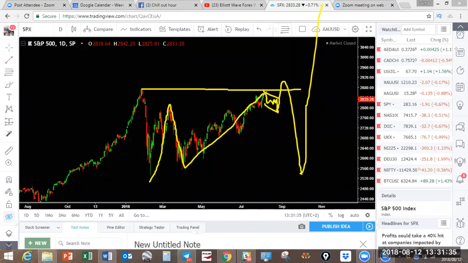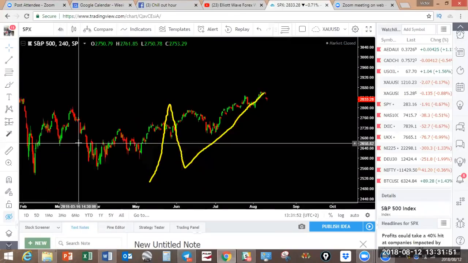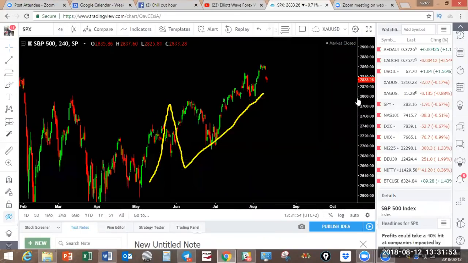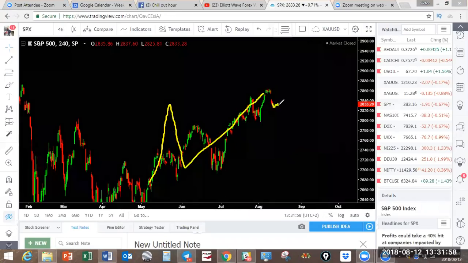So if you get that as a corrective structure, then you're going to get continuation to the upside. Maybe it takes here before it comes down, or we're already coming down. Let's look at the 4 hour. Usually gaps are an indication of strong moves to the downside. So you've got a gap down here, corrective structure here.